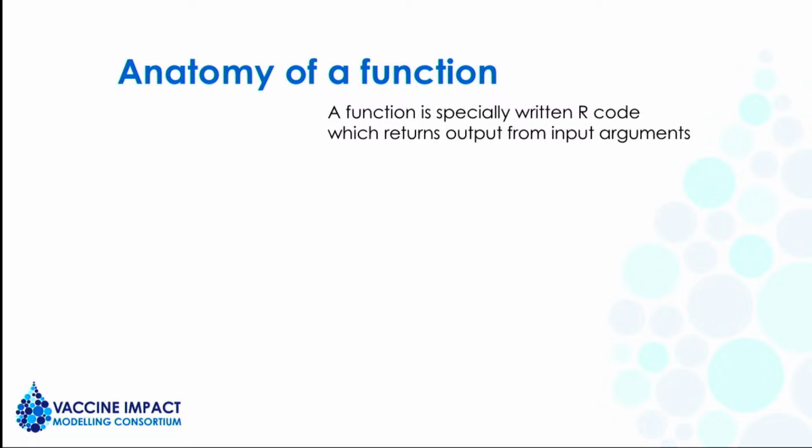But fundamentally, a function is a specially written piece of R code which maps some form of output from some sort of input. It's exactly the same word as we use for a mathematical function. It seems like it's the same thing, but it's not quite. A mathematical function explicitly maps one set of numbers to another in a one-to-one or occasionally a one-to-many relationship.